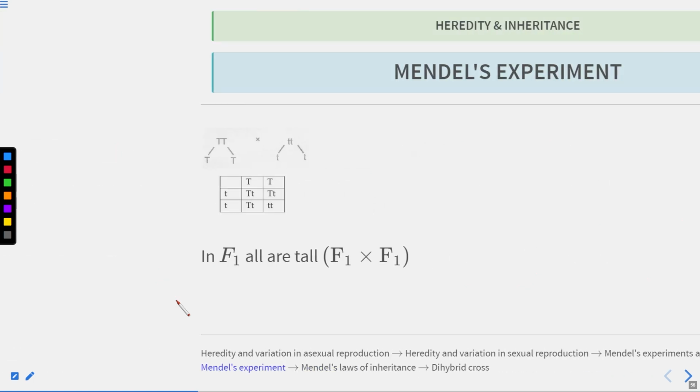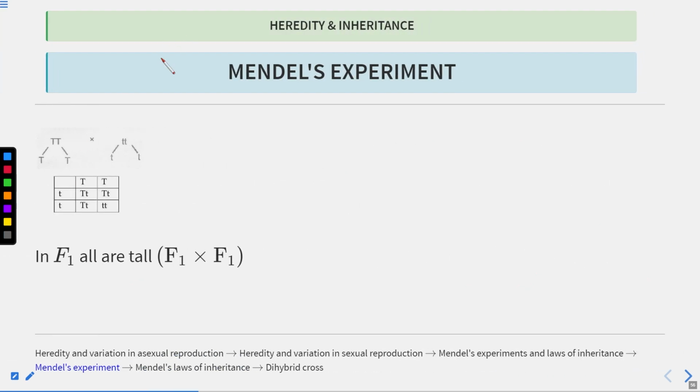Clear? So here you can see these were the parents, capital T, capital T and small t, small t. So this is a monohybrid cross. This is the tall parent and this one is the dwarf parent. Clear?